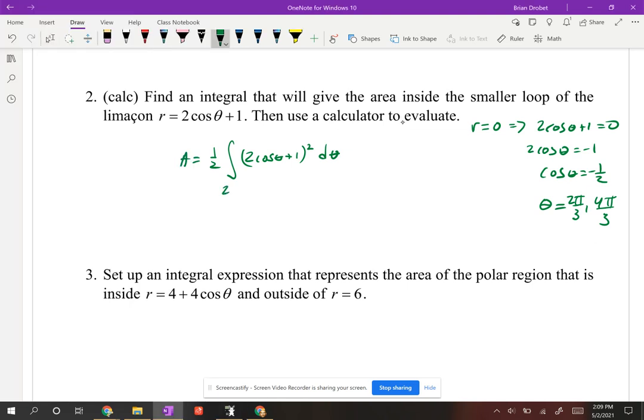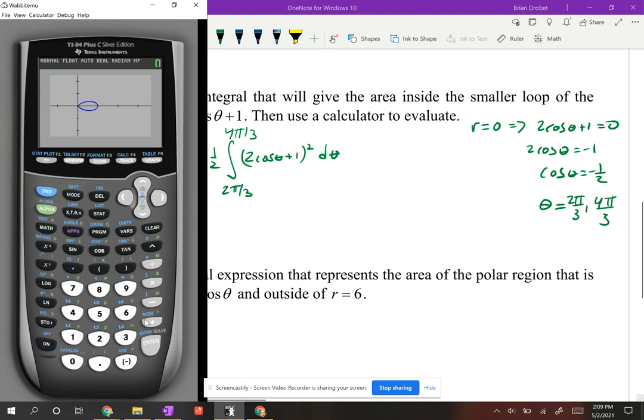So I'm going to go from 2 pi over 3 up to 4 pi over 3. And I'm just going to type that right in the calculator. Now I've got the function in as R1, so I can just go like this.